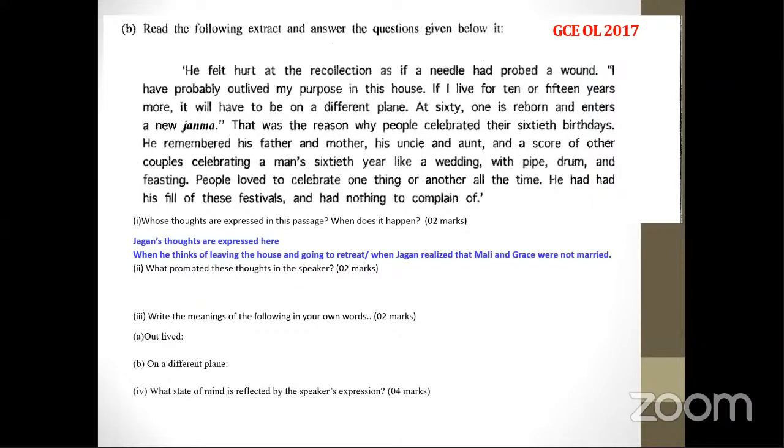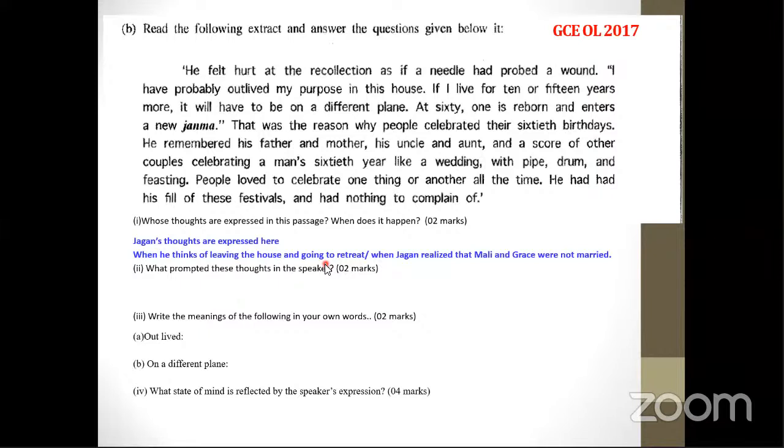One thing, when he thinks of leaving the house and going to retreat, we know by this time he is thinking to have a different lifestyle, change a lot with his vendoring, sweet selling. And here, exactly the age is mentioned at 60 years.